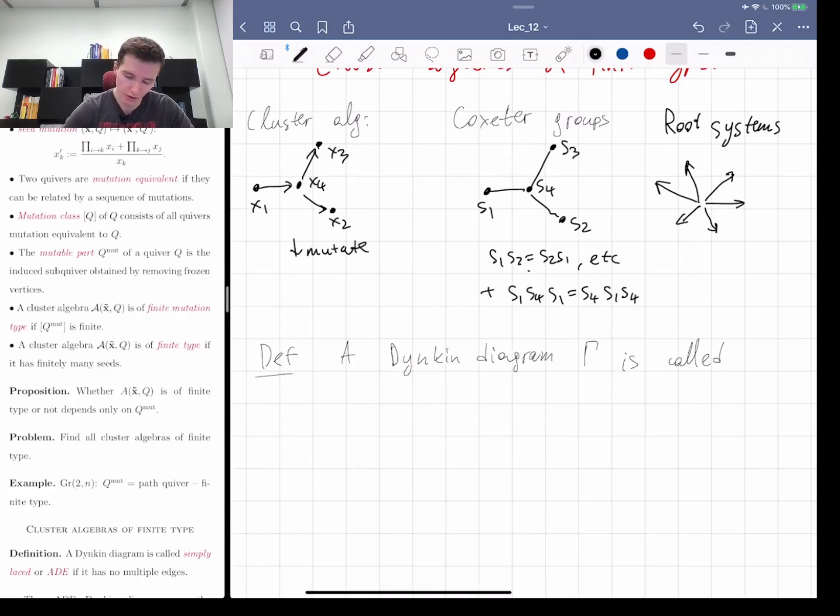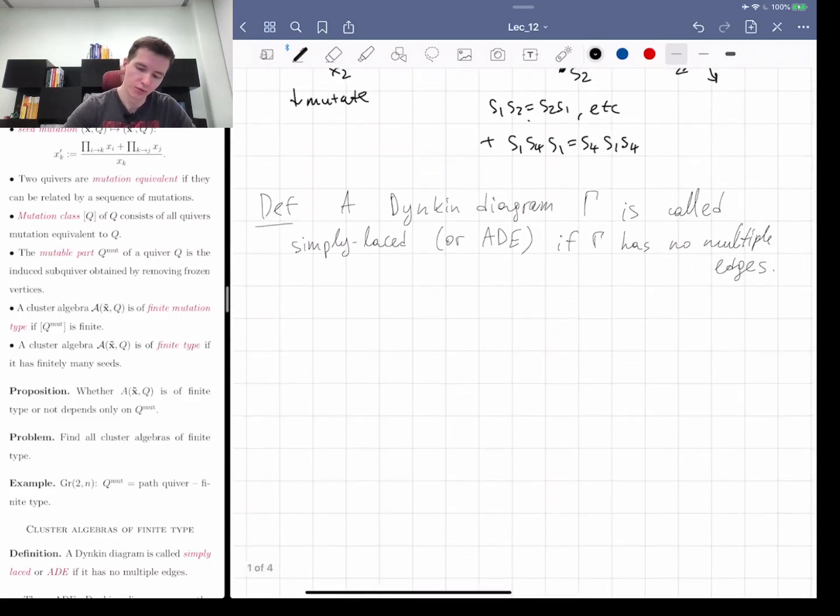It's called either simply laced, or equivalently we're going to use ADE. So an ADE Dynkin diagram is a Dynkin diagram that does not contain multiple edges, if gamma has no multiple edges.